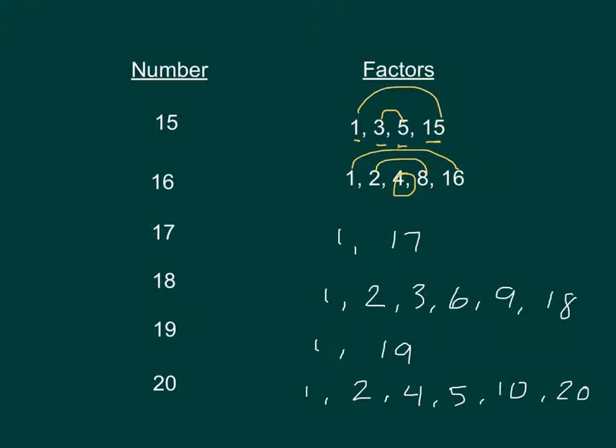You might notice that each of these numbers not only has 1 as a factor, but it also has itself as a factor. No matter the number, 1 and the whole number, which is itself, will always be a factor pair.